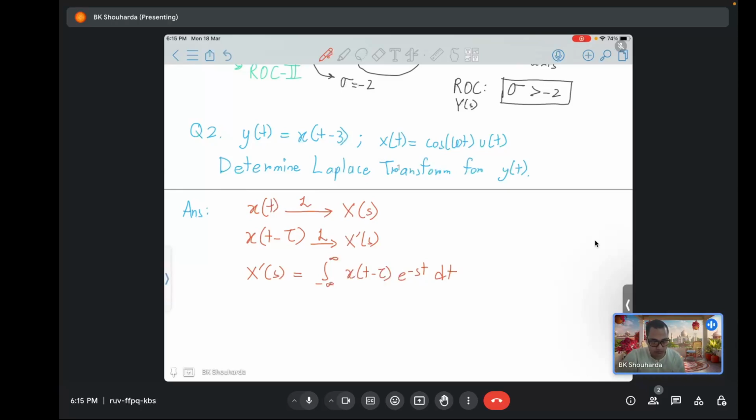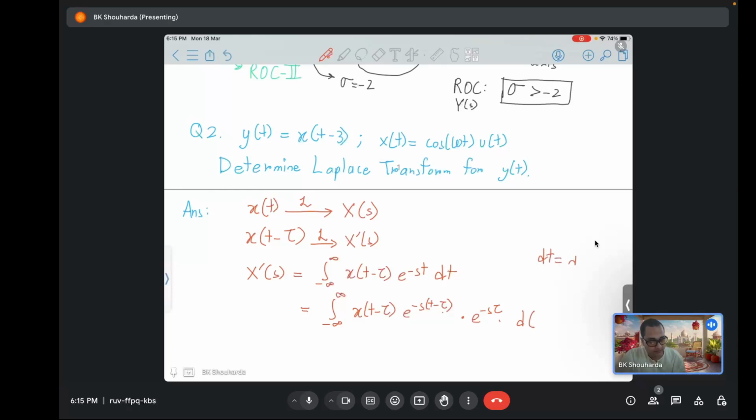So how do we proceed? I proceed by multiplying by e to the power minus s tau and e to the power s tau, because they cancel.